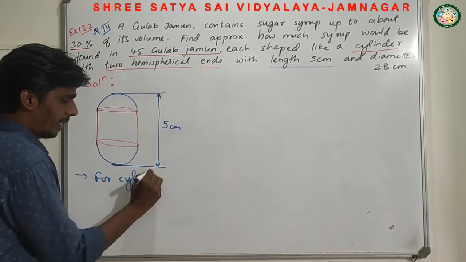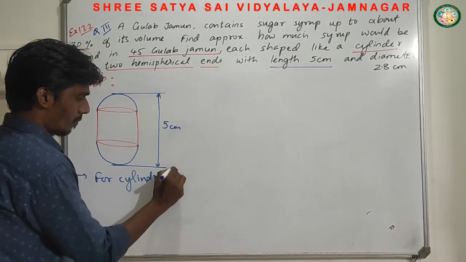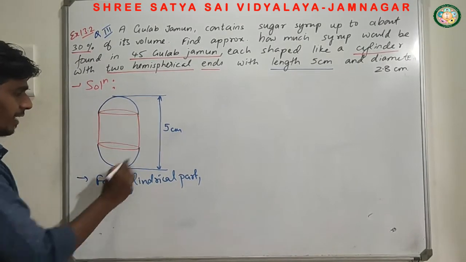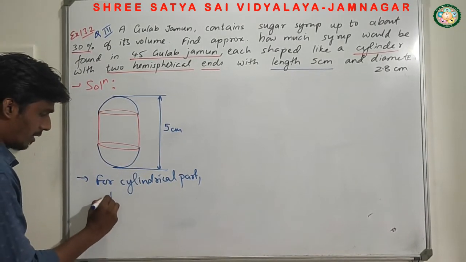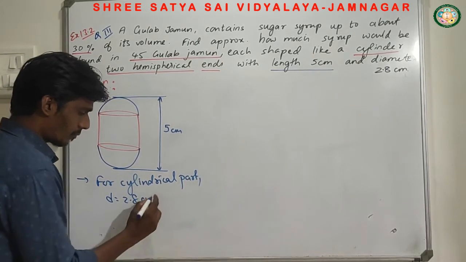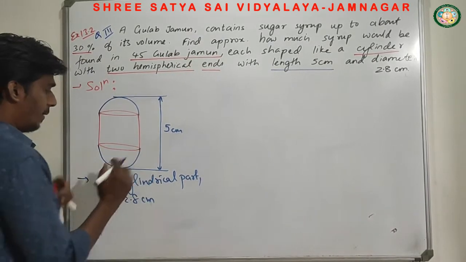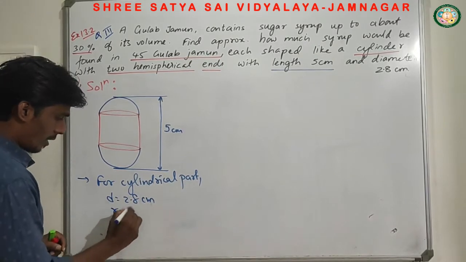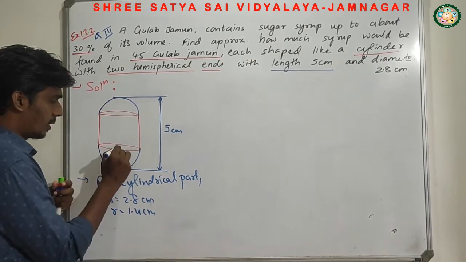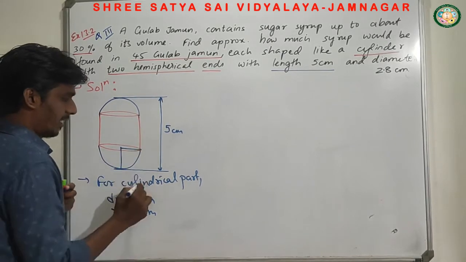So we can write here, for the cylindrical part, I can write here radius. Diameter is 2.8 centimeter. The radius will be, so I can say that this much length is radius.